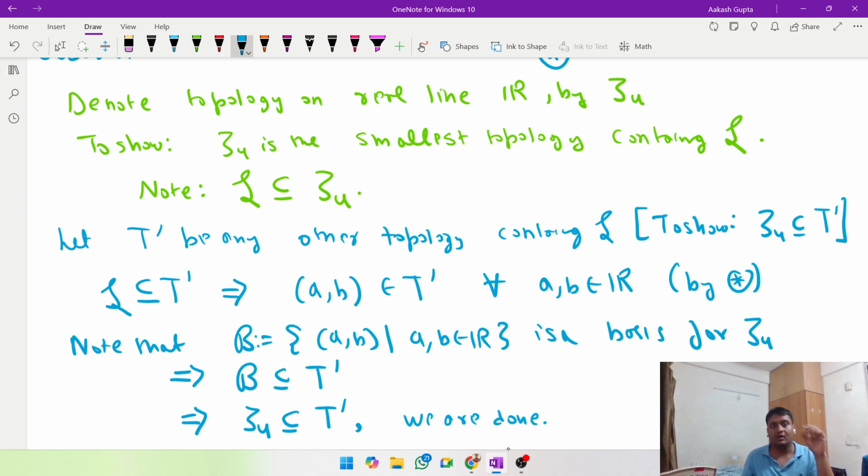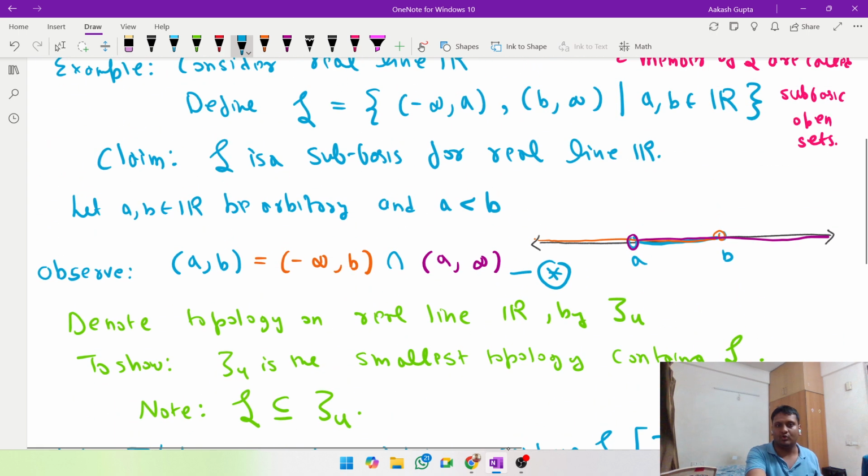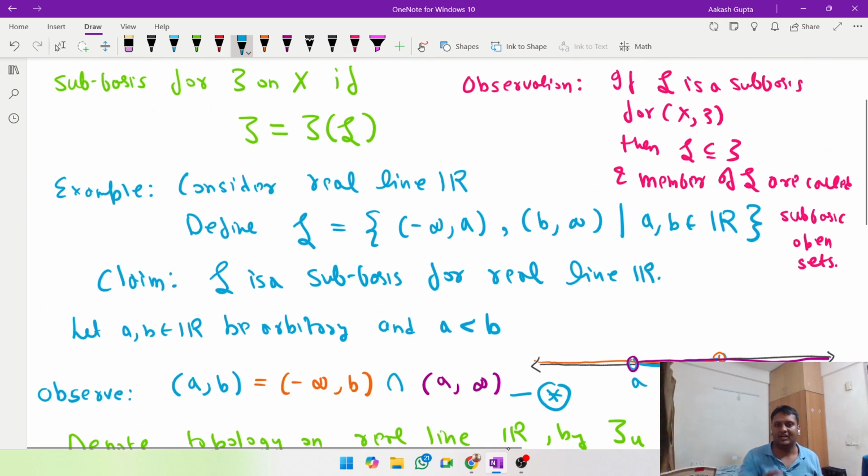So we are done, right? We have shown tau u is the smallest topology containing these open rays, right?